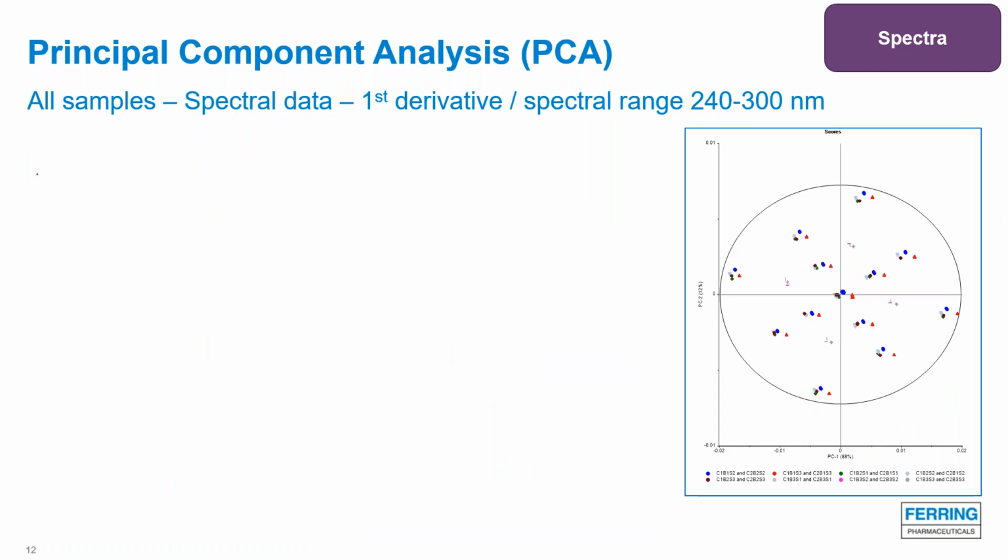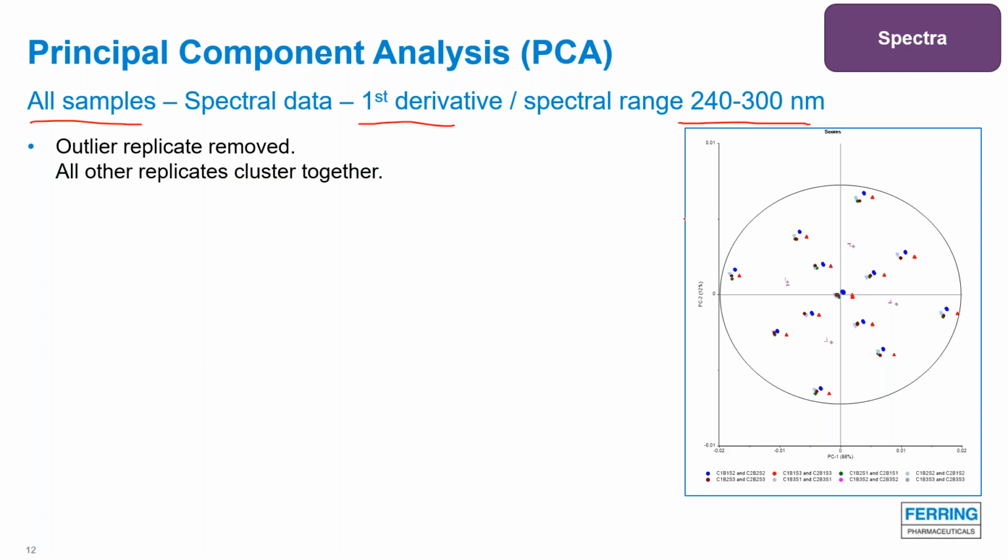Now I've taken all the samples I have, so that includes calibration set number 1, calibration set number 2, validation samples, and I've just recreated the PCA using first derivative and using 240 to 300 nanometer spectral range. I've also taken out the outlier that we discussed earlier.